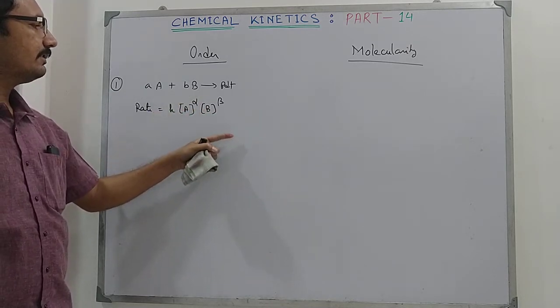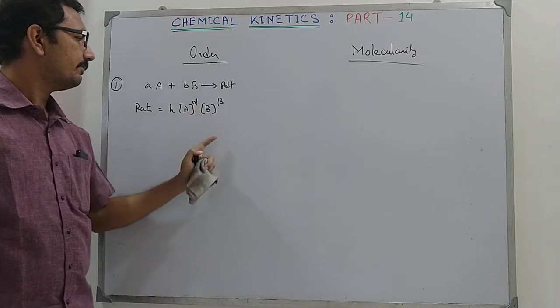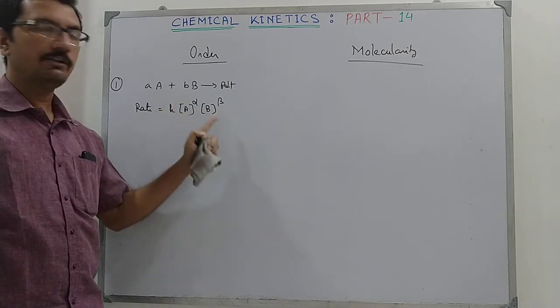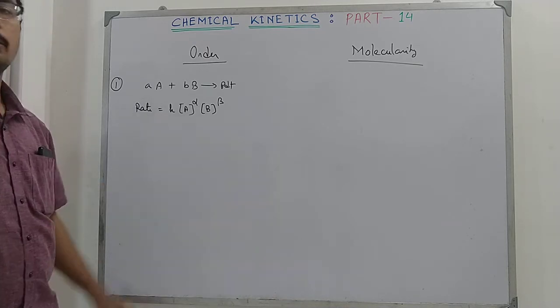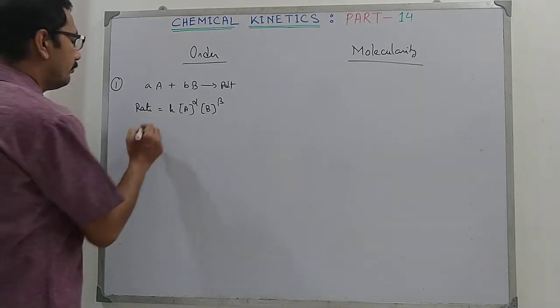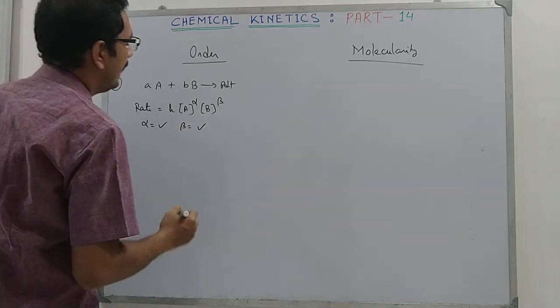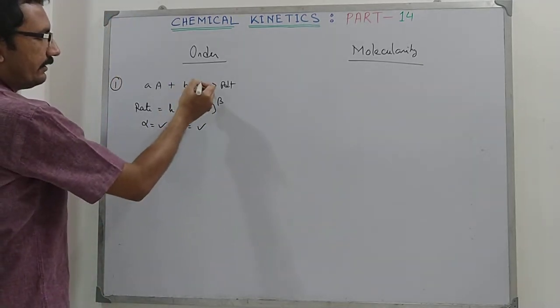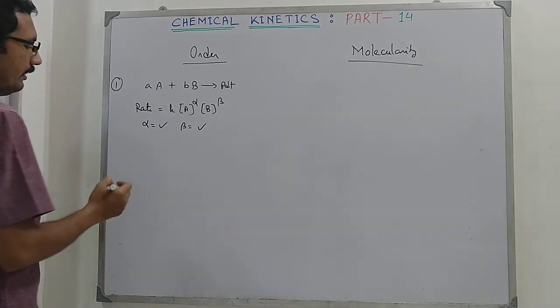You perform the experiment, and I have told you the technique how to find the order of a reaction, and through experiments you find the order, and that will give you the experimentally obtained rate equation. So you got the value of alpha and the value of beta. And if there is another reactant, say C, it will be gamma, so you have also the value of gamma.